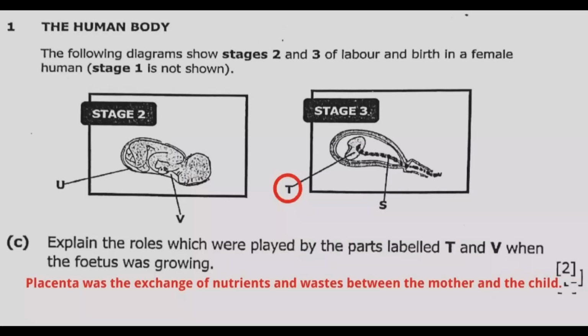Nutrients from the mother go to the child through the placenta and the umbilical cord until they reach the child. When waste comes from the child, it goes to the placenta, where it enters the mother and is then excreted from the mother's body. So that's where the exchange of waste and nutrients was happening.